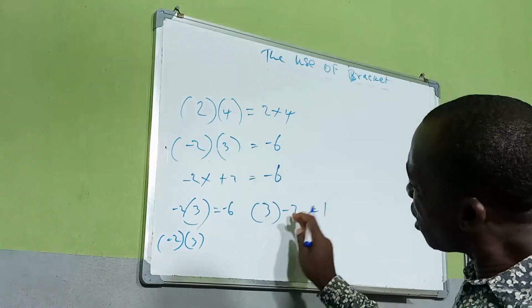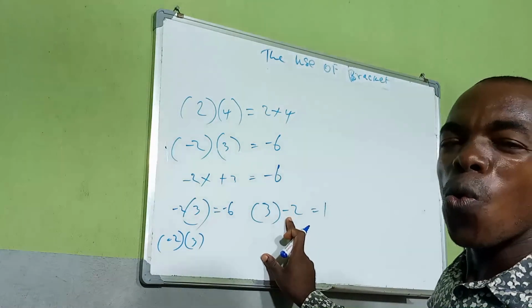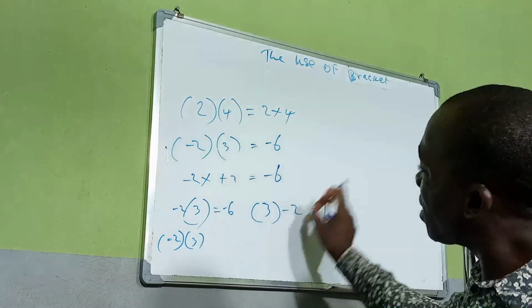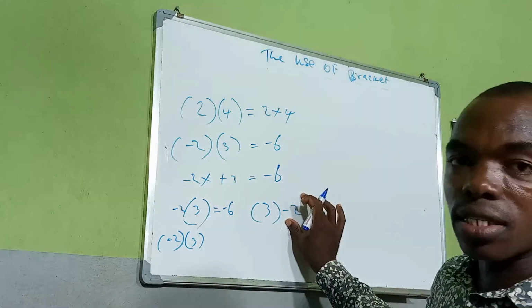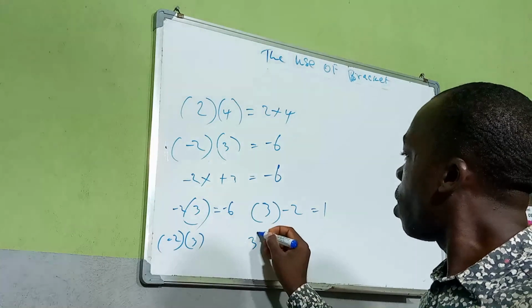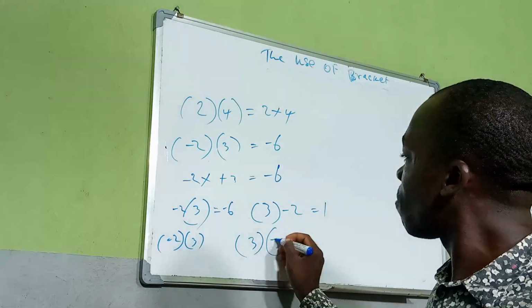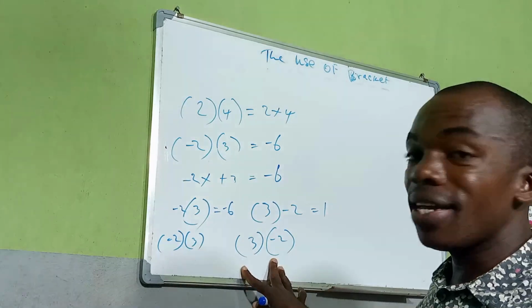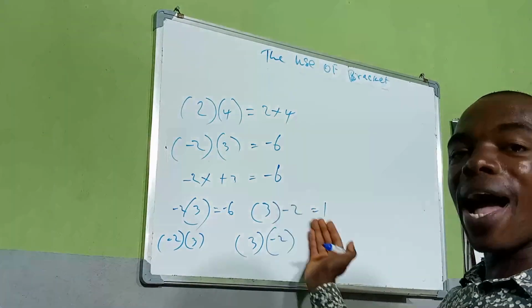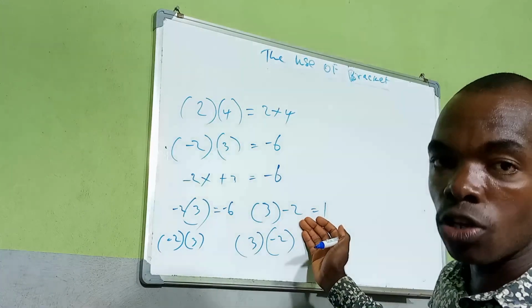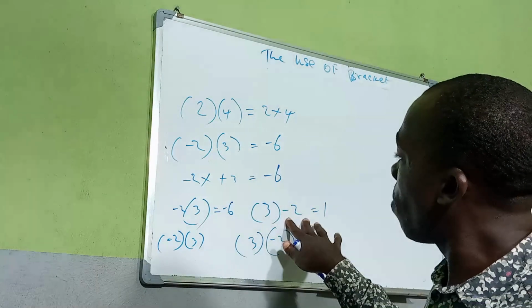Now, if this minus 2 is closed in brackets, then we now have 3, close brackets, open bracket minus 2. Now this one is multiplication. But this one that is just like this and is at the back of this bracket is not multiplication. It is subtracting this number from this bracket.